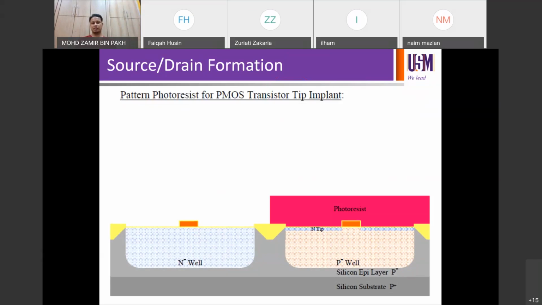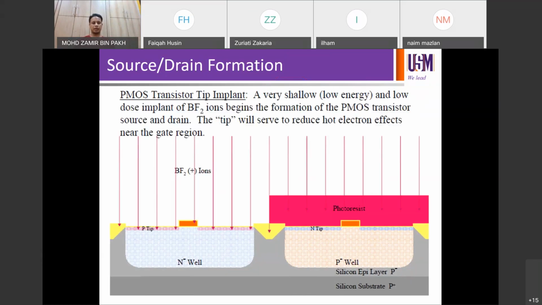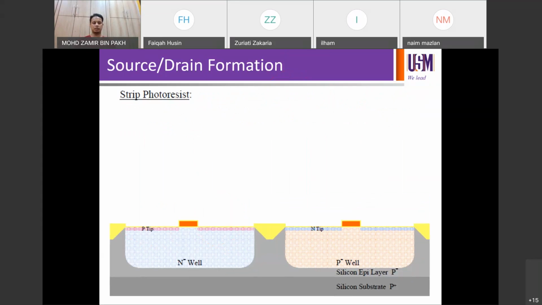So now your left hand side is exposed. Now we implant BF2, shallow, low energy as well. So just the opposite of the right hand side process now. So you now form the source and drain of your left hand side transistor. Done. Strip resist. You're now complete with the left hand side and right hand side transistors.